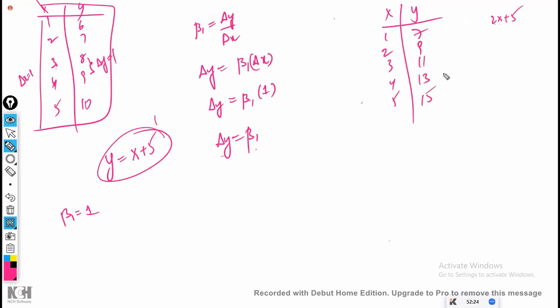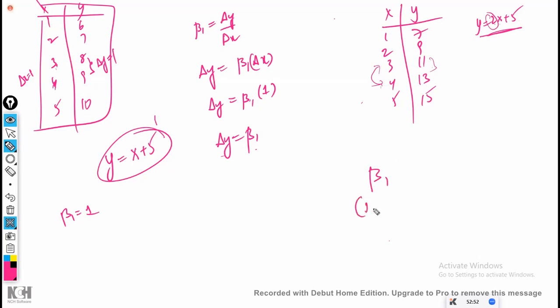Now for this data, the equation is 2x plus 5. Now, if the change in x is equal to 1, how much change in y is there here? Which is equal to your beta 1 slope value. Got the point?